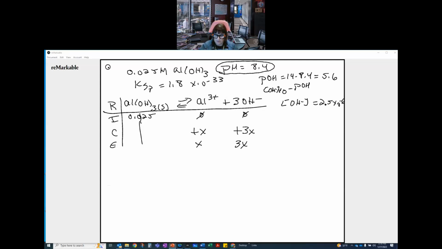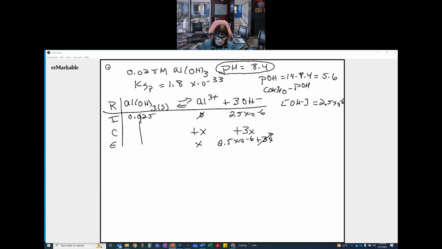So this concentration right here is not 0. It's 2.5 times 10 to the minus 6. And so when we get down to the equilibrium, this technically speaking should be 2.5 times 10 to the minus 6 plus 3x. We're going to ignore the 3x because we need to do that to be able to do this math.